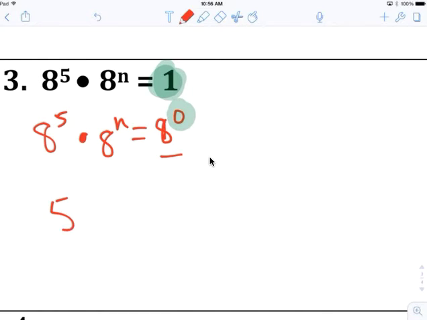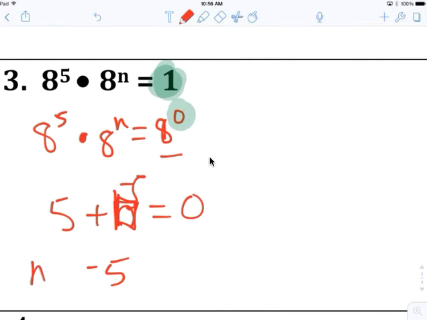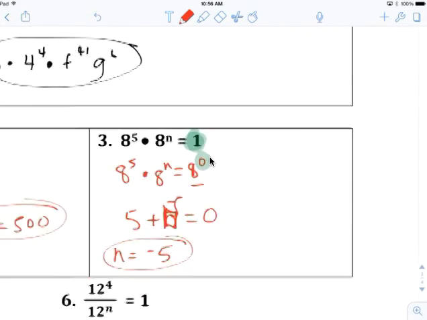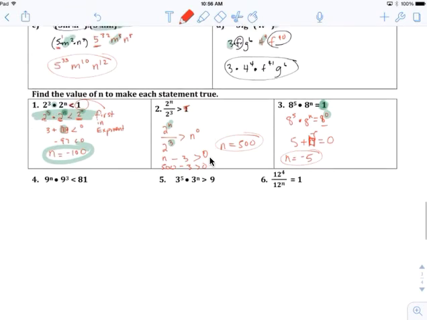So 5 plus n equals 0. So 5 plus something makes it equal to 0. 5 plus negative 5. So n then equals negative 5. Easy, right? I hope you find it easy.